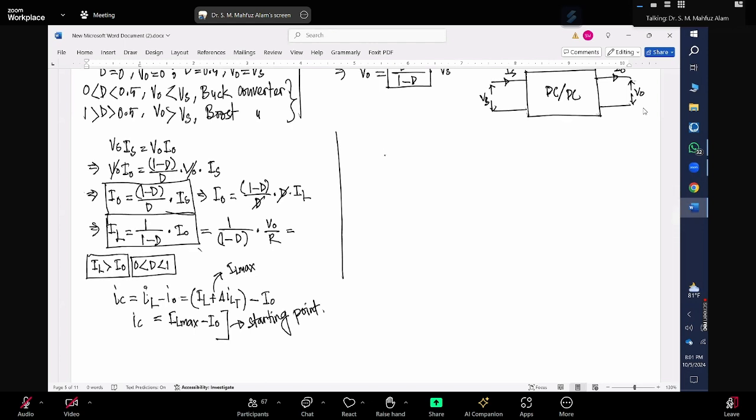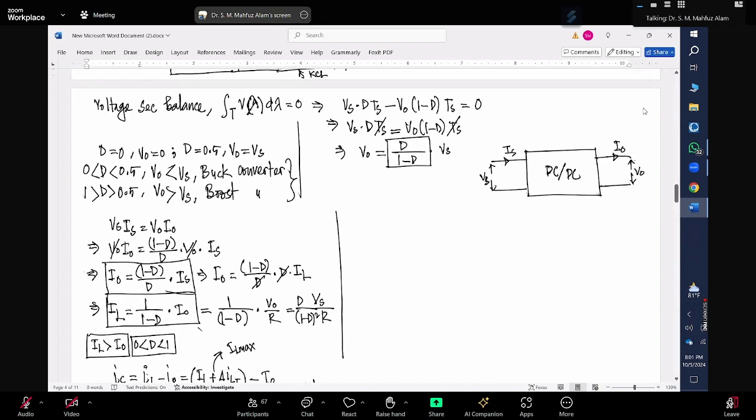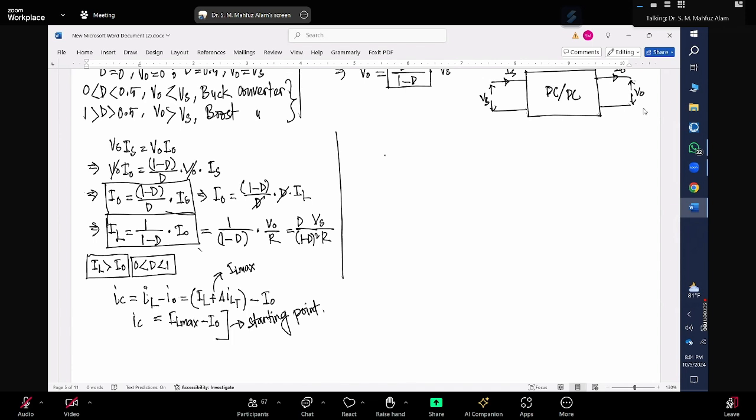We can write D over 1 minus D whole square multiplied by R multiplied by Vs. If we put the value of this equation into this equation, we'll get this result, right?